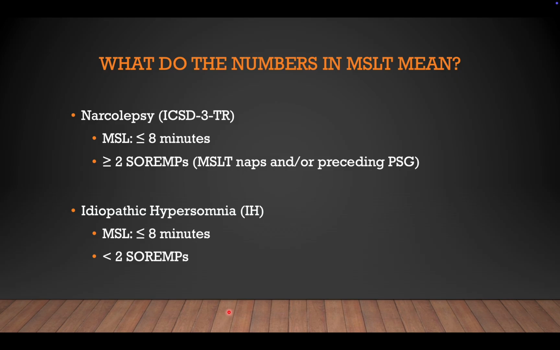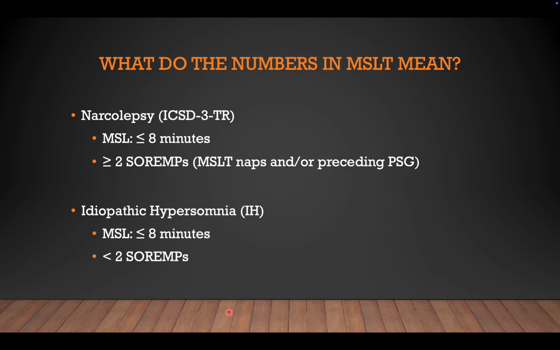In narcolepsy, the mean sleep latency will be less than 8 minutes, and there will be two or more SOREMs in the MSLT naps, or one PSG SOREM plus one SOREM in any of the naps in the MSLT.